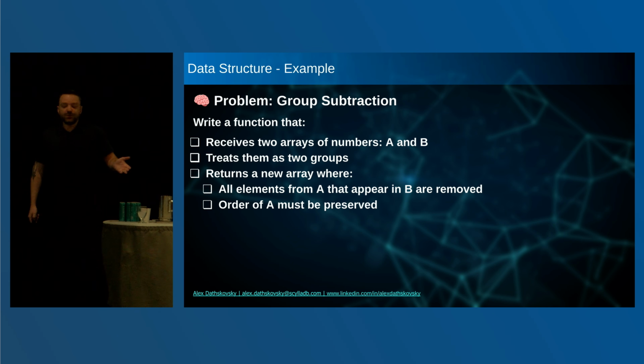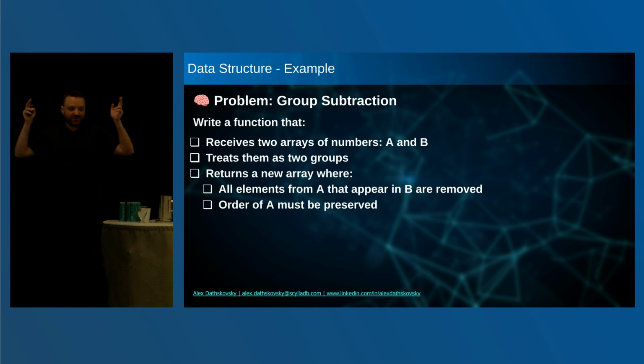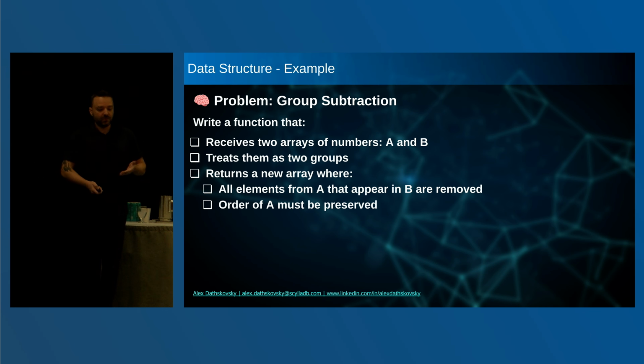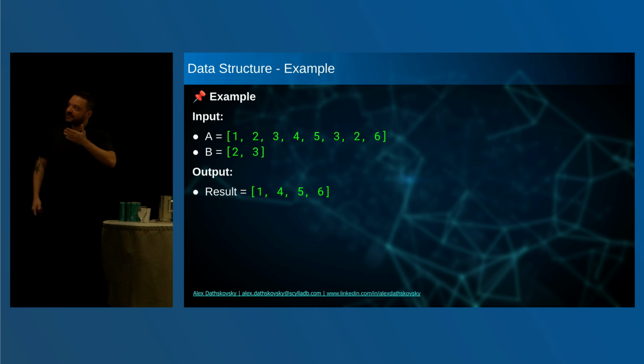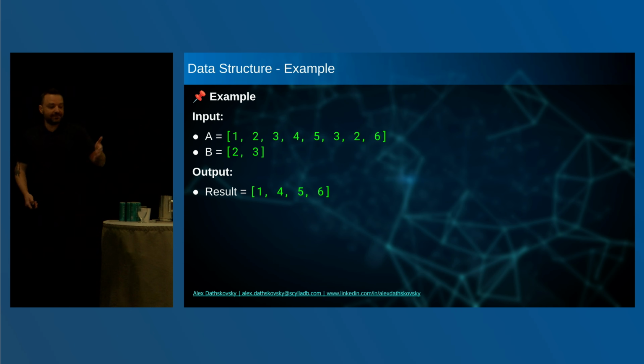So what you need to do here is just create a function that receives two vectors, that treats the vectors as if they are groups of numbers, and it's subtracting one group from the other. What does it mean? This is an example. We have a large A, and we have B with 2 and 3. Our result is just the same order of A without the appearances of 2 and 3.